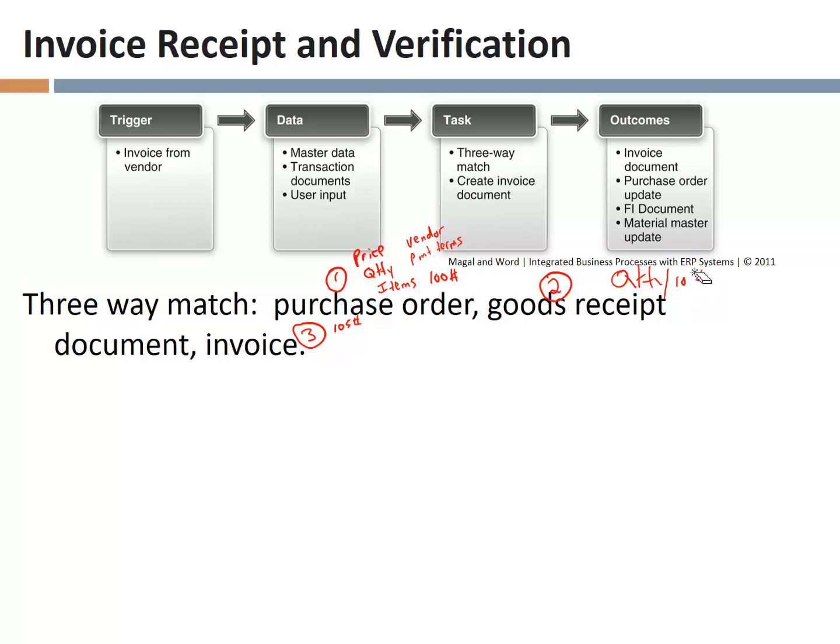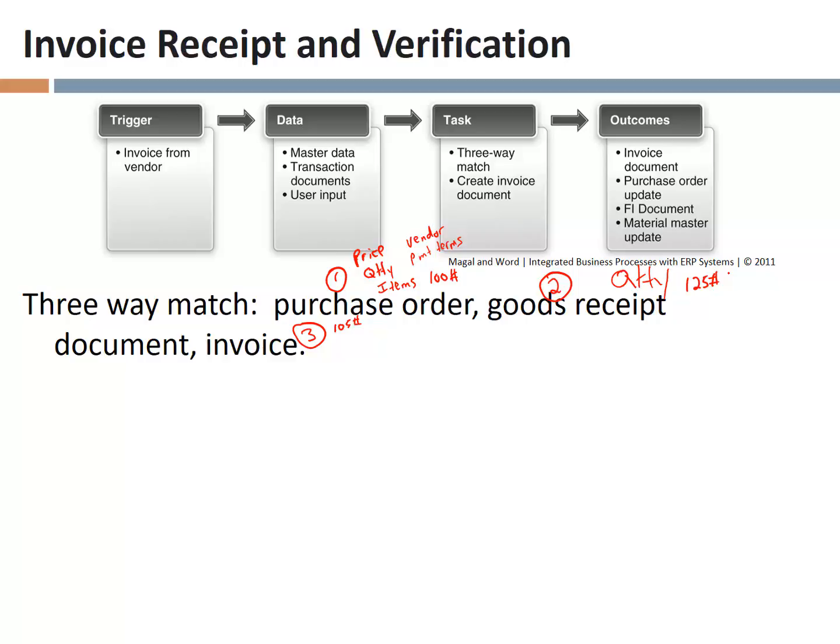But if I order 100 pounds and my delivery tolerance is 5%, and I get an invoice, or let's say goods receipt, let's say they try to receive it with 125 pounds, that's going to be rejected, and we're not going to accept that shipment because it's an over delivery. And in a lot of cases, we'll just tell the truck driver or whoever, take that back.